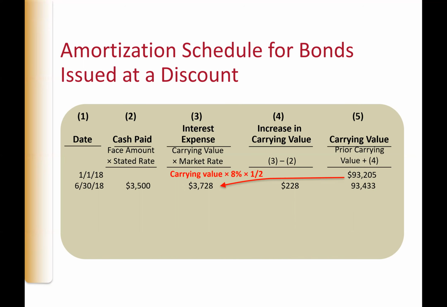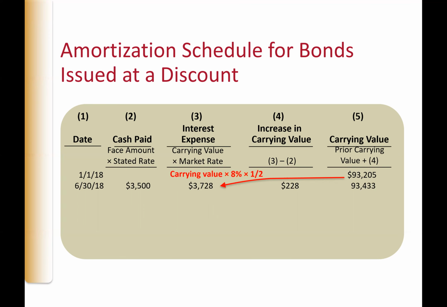As you see in this example, the cash paid is less than the interest expense. Since the cash paid out is less than the interest expense, we offset it by the discount increasing the carrying value of the loan, of the bond.